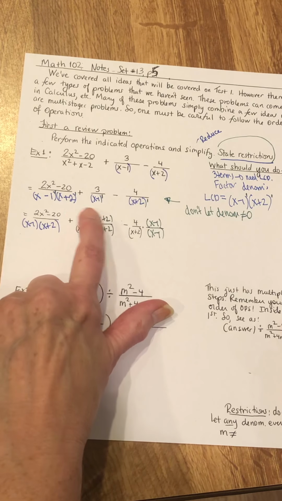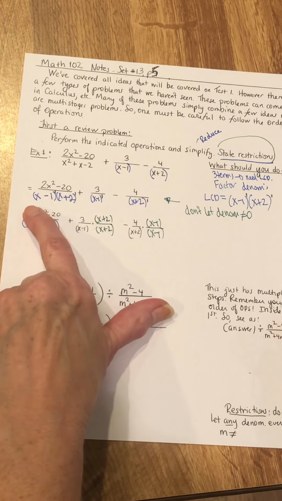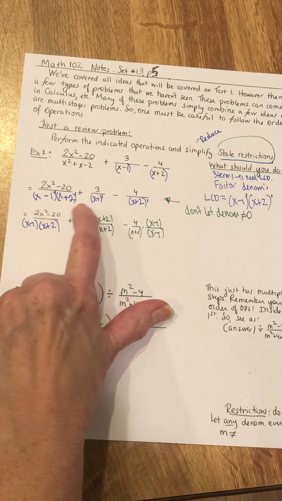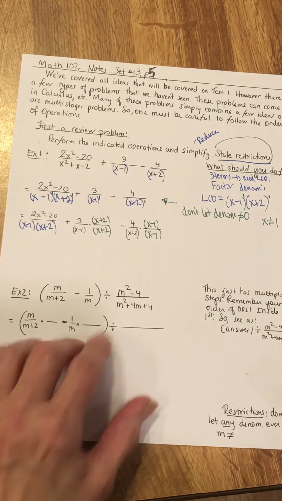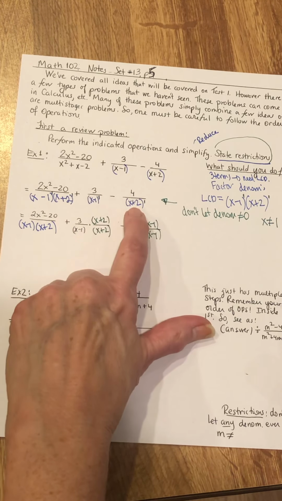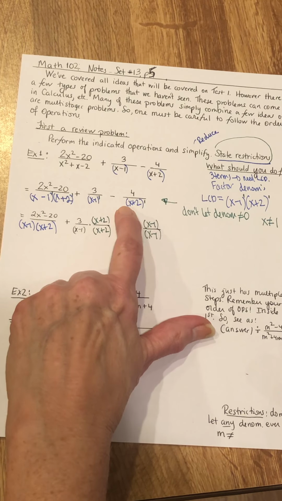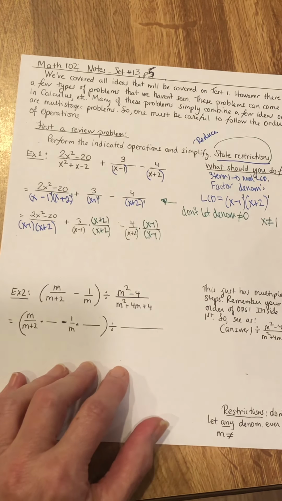So I look, x minus 1, if I let x be 1, 1 minus 1 is 0. I better not let x be 1. And then I look at the x plus 2. If x is negative 2, that will be 0 because opposites add to 0. So I don't want x to be negative 2. So those are my restrictions.